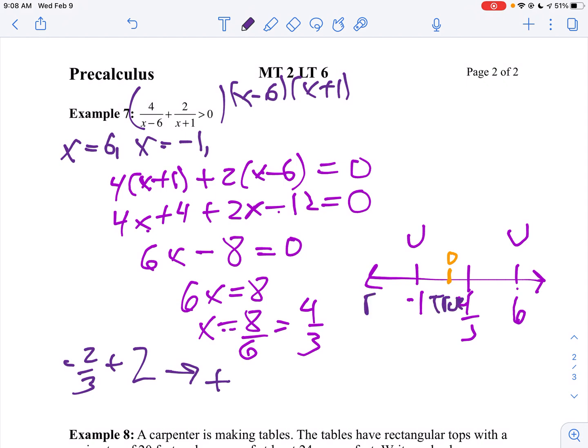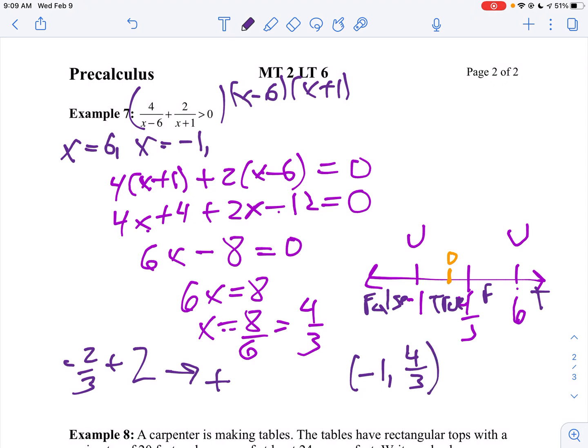So I know this is false. It goes false, true, false, true. So my answer is, now we have to be careful with our undefined. You can't include undefined. So my answer is going to go from not including -1 up to 4/3, but it can't equal 4/3. I want it to be greater than 0.